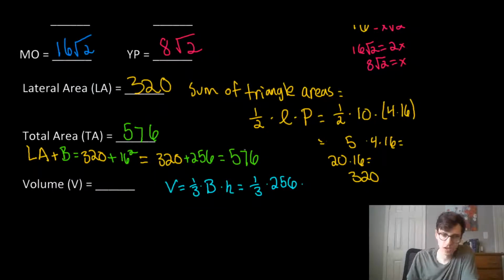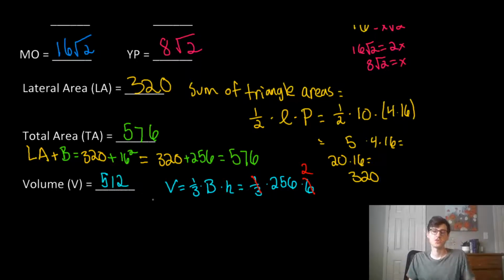So 1/3 times 256 times 6. Now let's make it easier on ourselves. 1/3 times 6 is 2. So then 256 times 2 is 512 units cubed. So that's the volume of the pyramid.